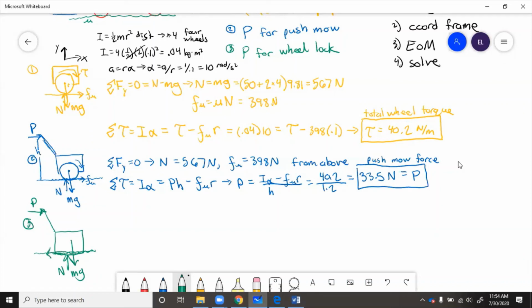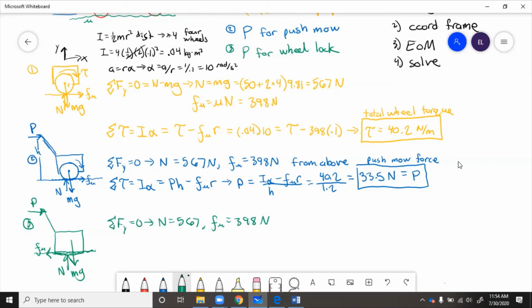So friction goes to the left. Now in the y direction, everything is still going to be the same as it was before. Sum of the forces in the y equals 0. So N equals 567 and friction equals 398 newtons.